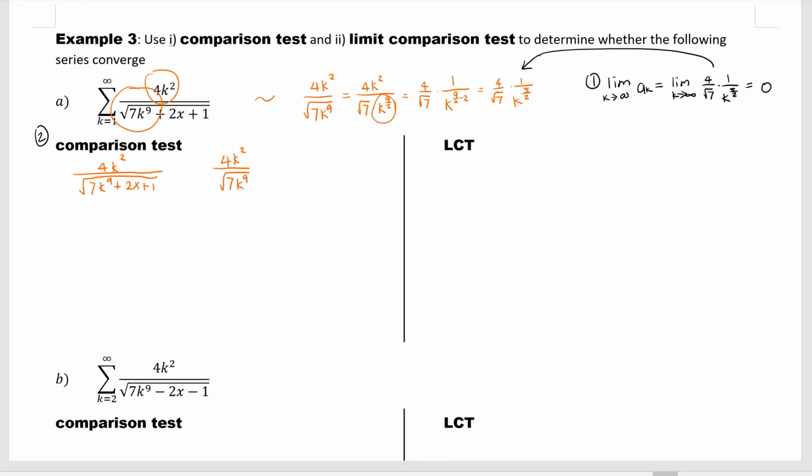Which one is bigger? Well, you look at the difference. The numerators are the same, so the difference is the denominators. Can you tell which one is bigger? Oops, I just realized I made a mistake. This is not x, this is k.